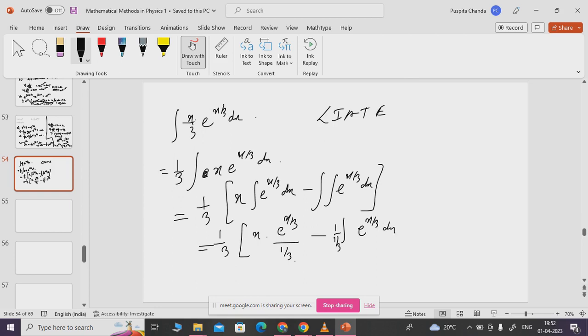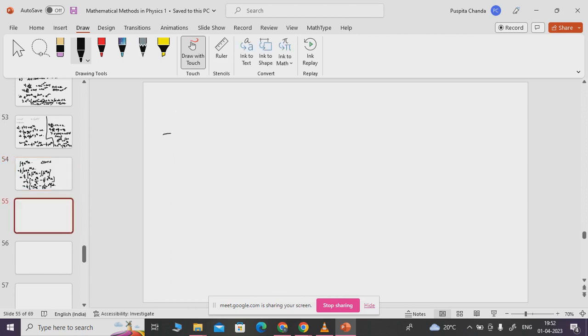So equal to 1 by 3 x e to the power x by 3 into 3, minus 1 by 3 into 3 e to the power x by 3 dx, which is 1 by 3 whole square e to the power x by 3.